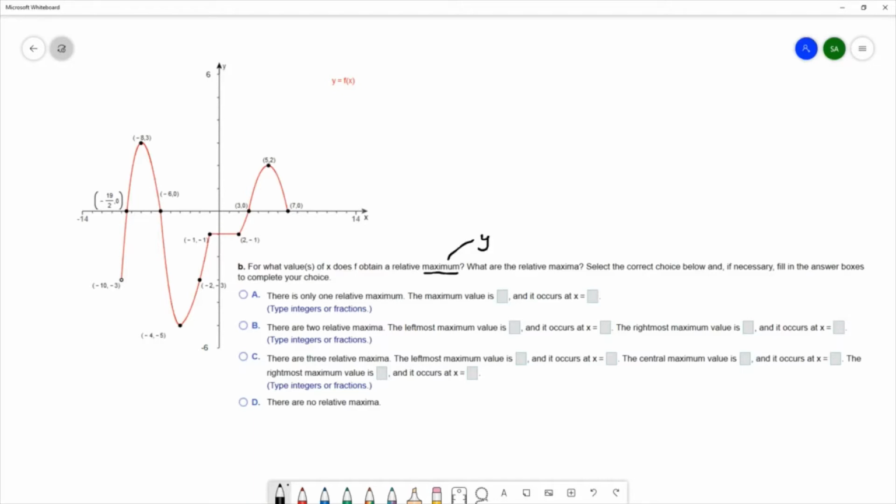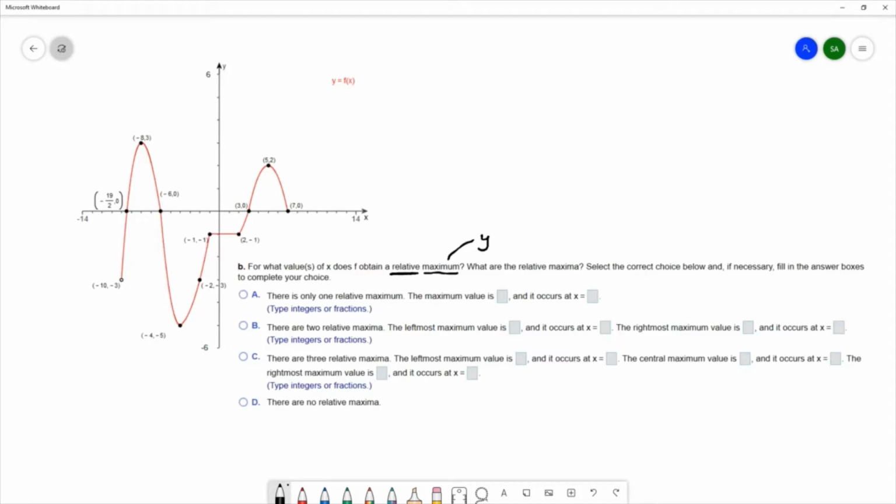So we're looking for a highest y value. We modify that just a little bit with the word relative. That means that we want to zoom in on a particular area and find the highest y value in that area.